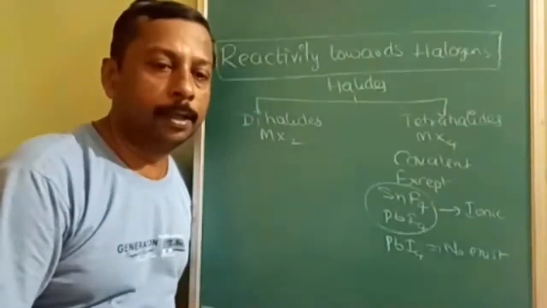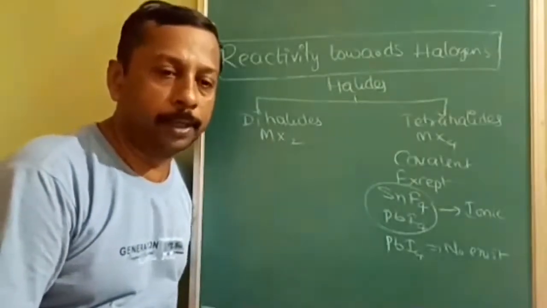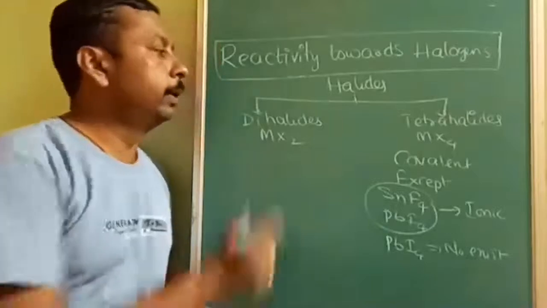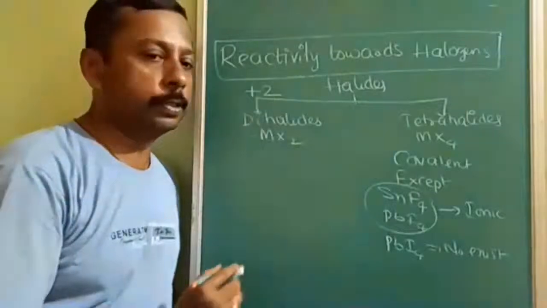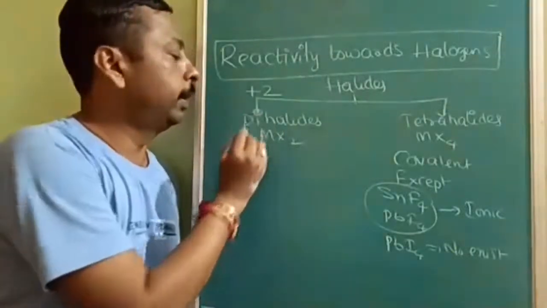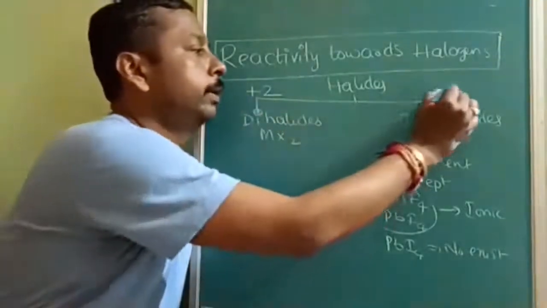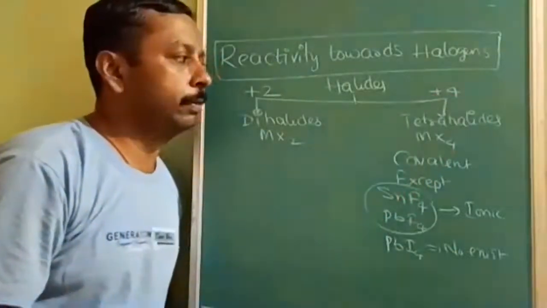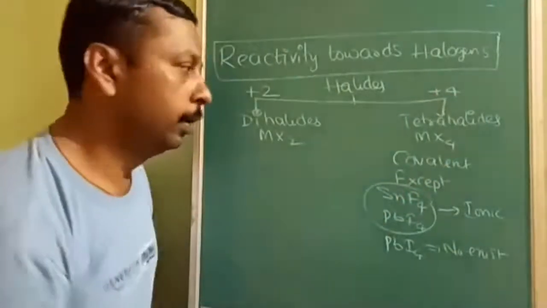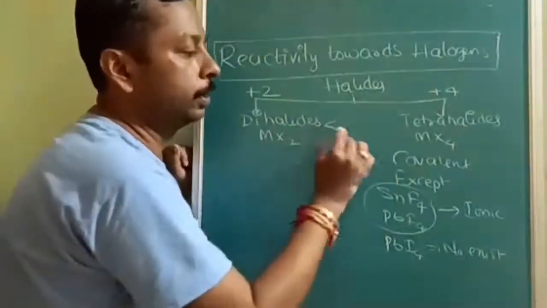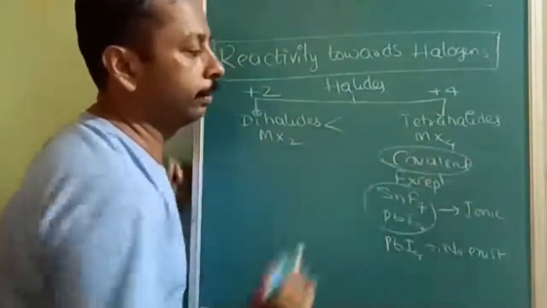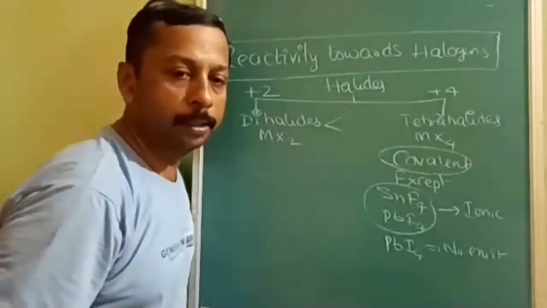Okay, like oxides, there are two types of halides possible. When the given 14th group element exists in +2 oxidation state, they will form the dihalide. When they are existing in the +4 oxidation state, they will form the tetrahalides. So when you compare these two, tetrahalides are more covalent in nature. What is the reason?